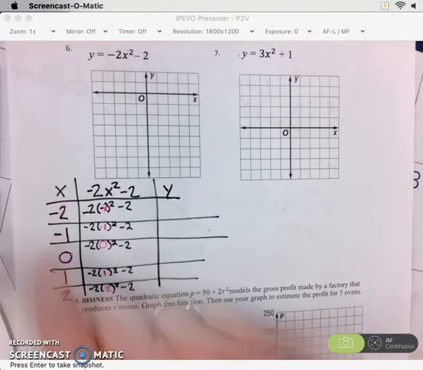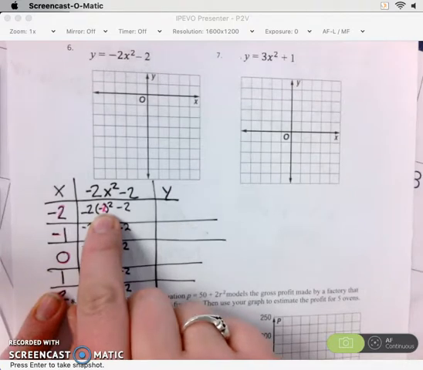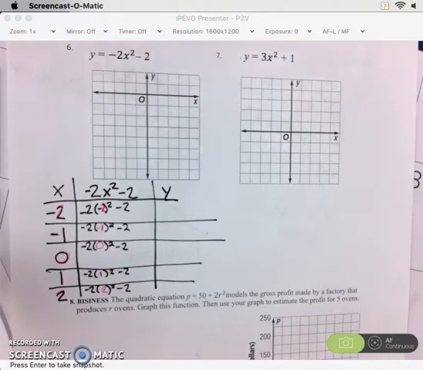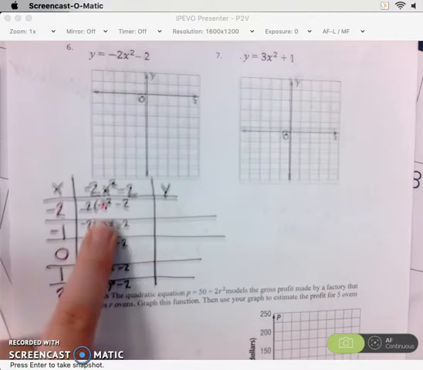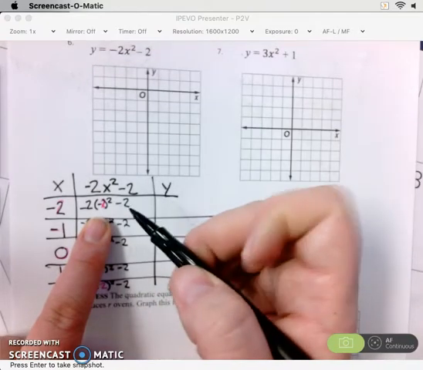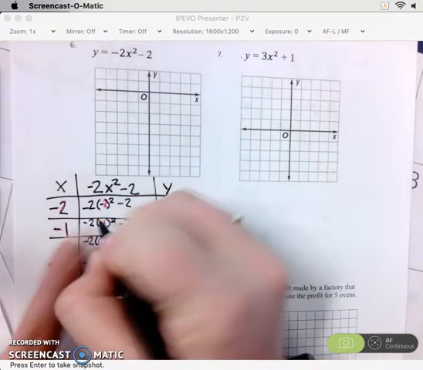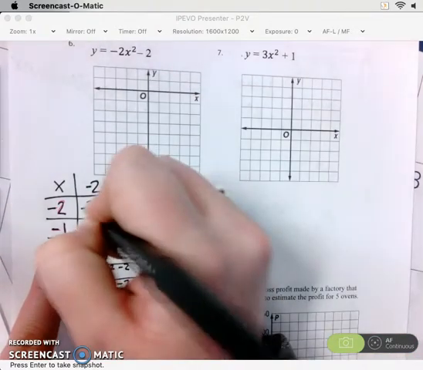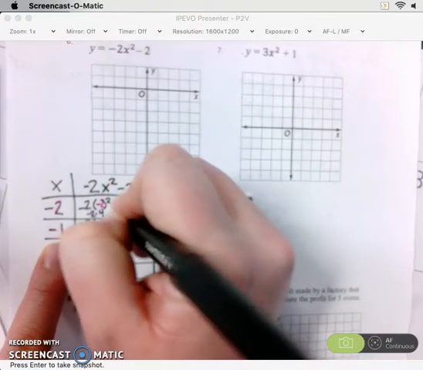All right, so you're going to put x in here for what you want x to be in your equation. My first thing that I have to do is parentheses. No parentheses, so then we do exponents. Okay, so -2 times itself, -2 times -2 is +4.